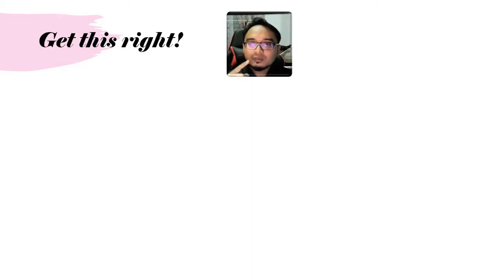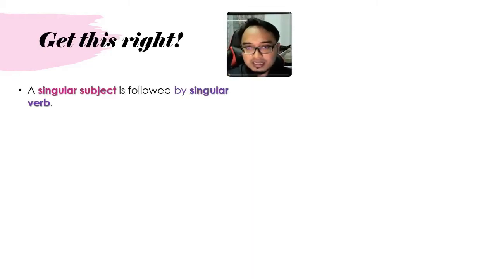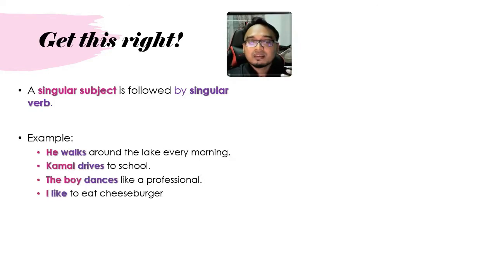We must get this right. This is how we must get the concept right for SVA. The first one: a singular subject is followed by a singular verb. We have looked at this in the definition just now. Here are examples of sentences. First, he walks around the lake every morning. He refers to the singular subject, while walks refers to the singular verb. This is where we must be clear. A singular subject means it shows only one.